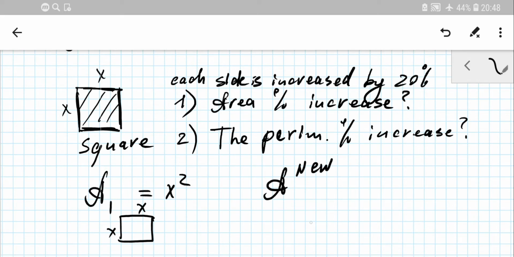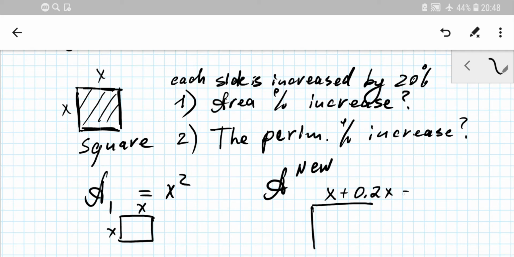Let's just draw your new square and see what the size is. Because all sides are equal, you can consider only one side. If it has increased by 20%, it means the previous value plus the increase, but as a share, so 20% means 0.2 of x, right?